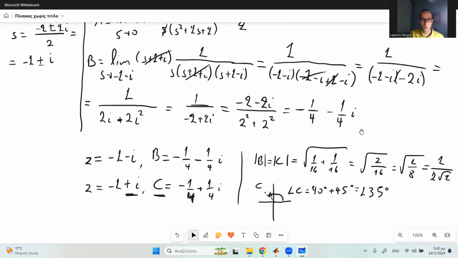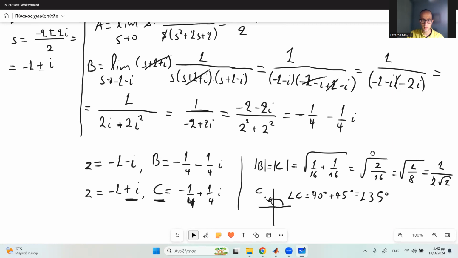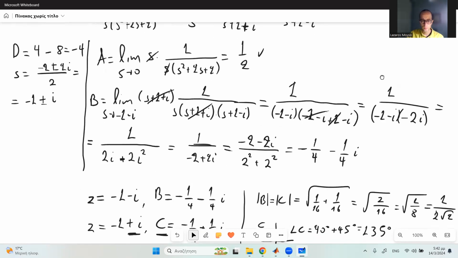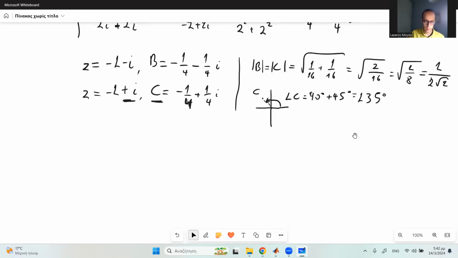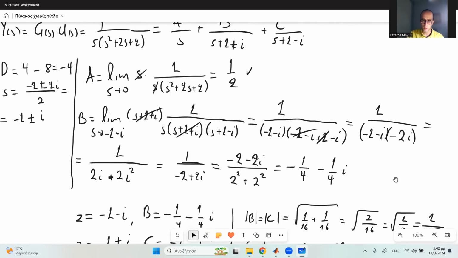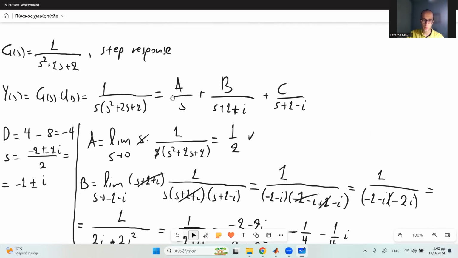We have practically almost solved our system. So let's go a little bit below. And then by considering the inverse Laplace transform for the output Y of s, we obtain this thing. We have 1 over 2 u of t. And this is because, of course, we have three terms, as you see, and one of them corresponds to a step input, and the coefficient is 1 over 2.